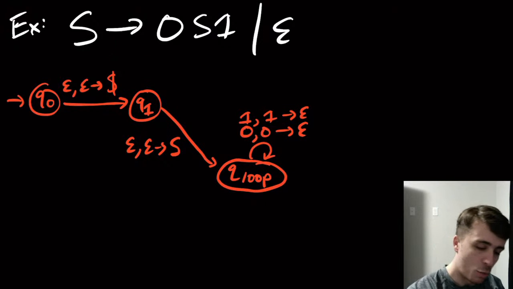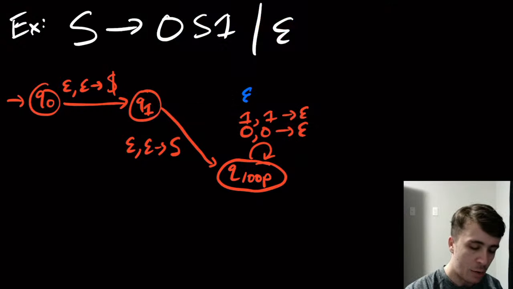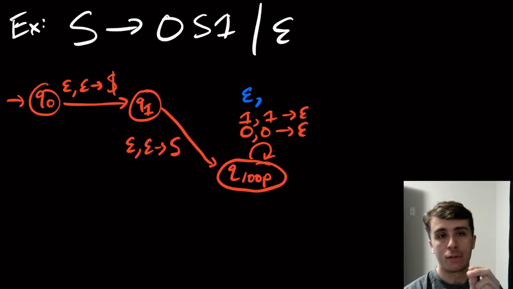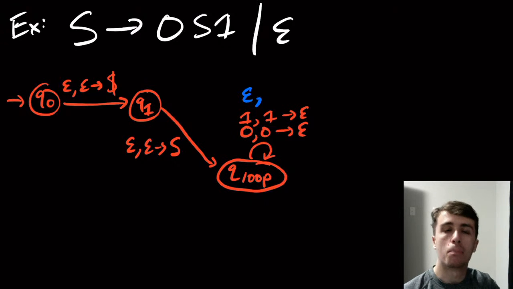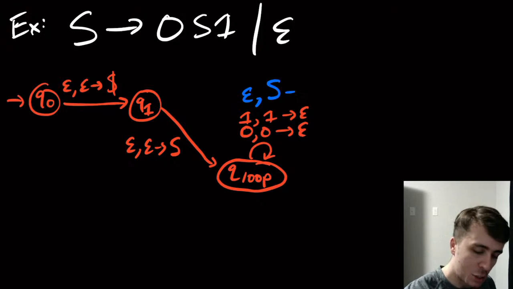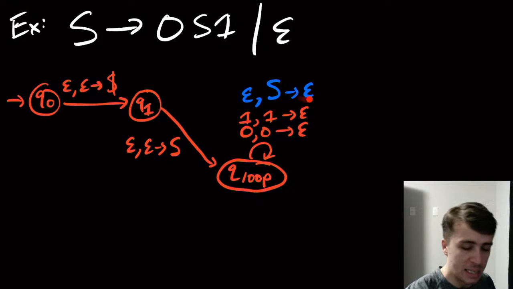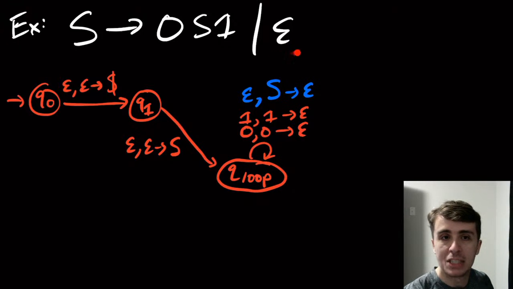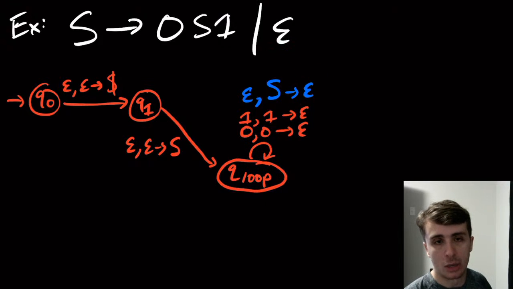We're going to not read anything, and we're going to pop that S off, because the only way to know which variable to use is to actually pop it off. And then we push onto the stack the corresponding right-hand side of that rule. So it's S going to epsilon, and in this case I'm pushing the right-hand side of this rule, but it's nothing, so I don't need to do anything special here.